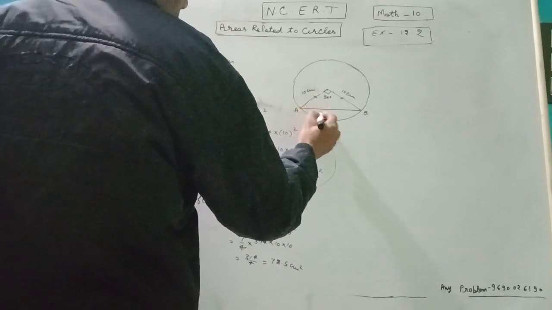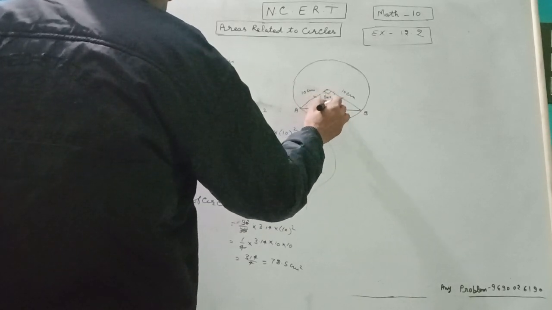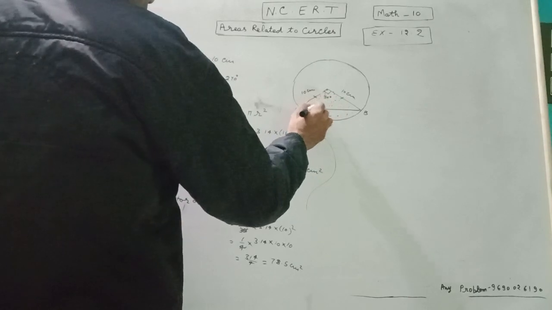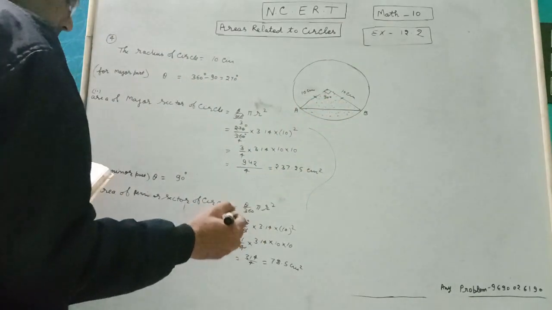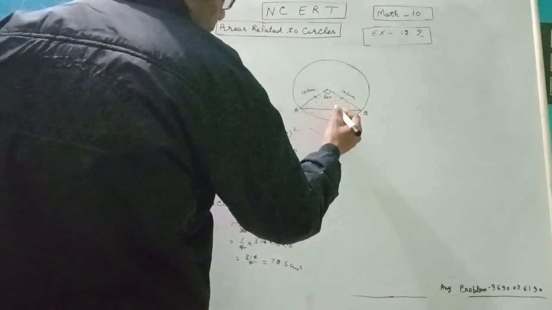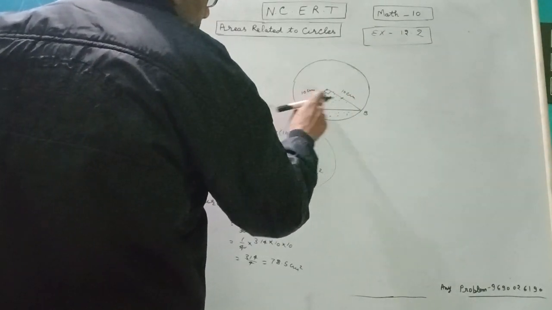That is, we found the area of this part. The second part is without the dotted part, but we want the area of the dotted part.